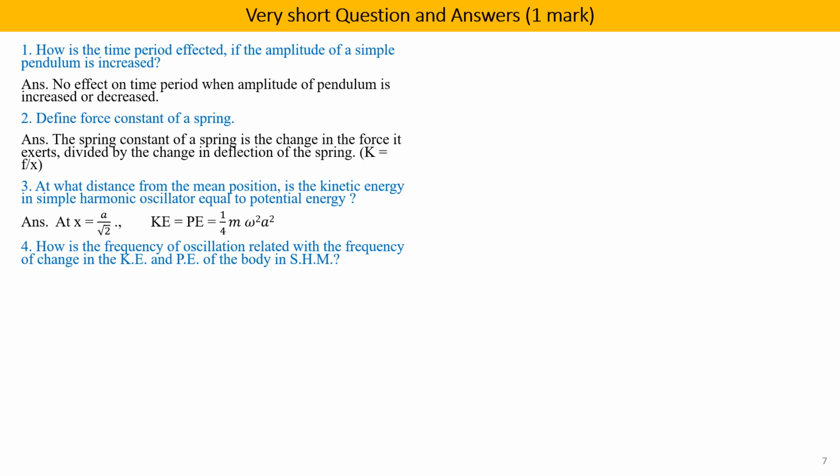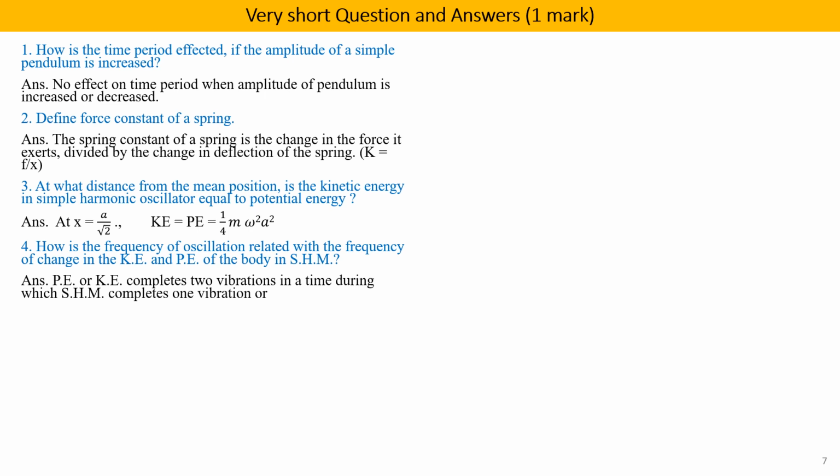How is the frequency of oscillation related with the frequency of change in kinetic energy and potential energy of the body in simple harmonic motion? Potential energy or kinetic energy completes two vibrations in a time during which simple harmonic motion completes one vibration.